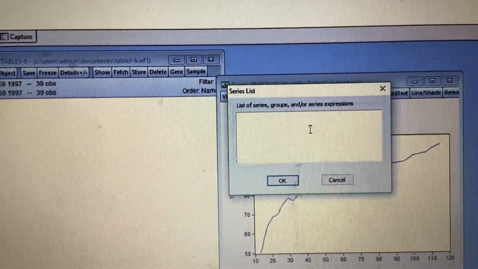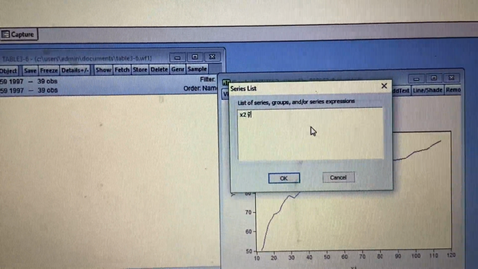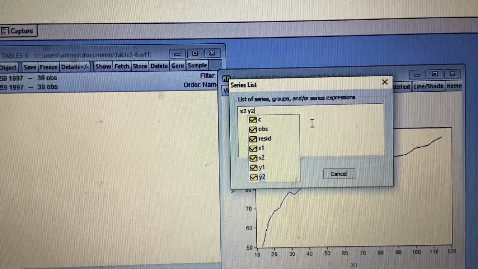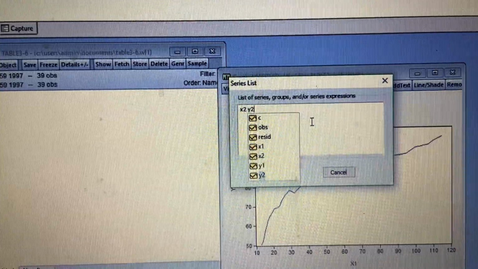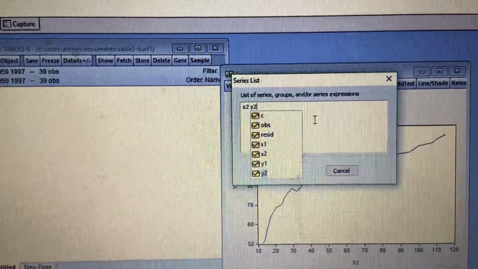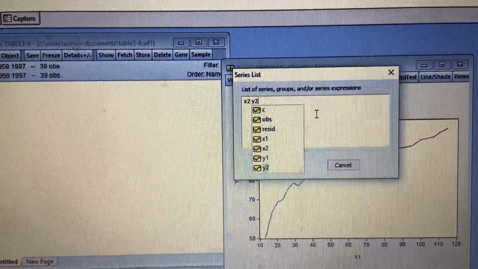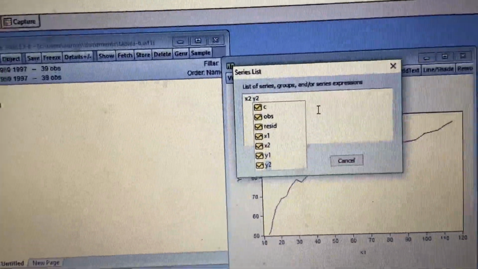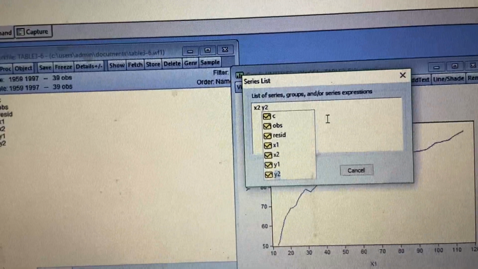We have x2, y2. So remember, when you draw the graph, you should write x first and then y second. It's unlike the estimated equation.